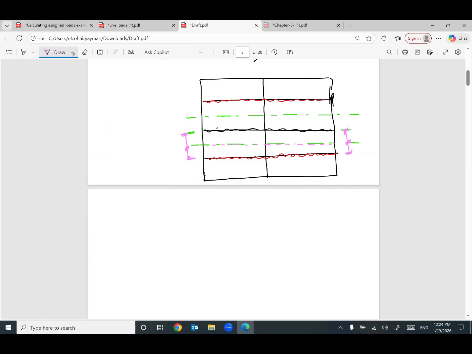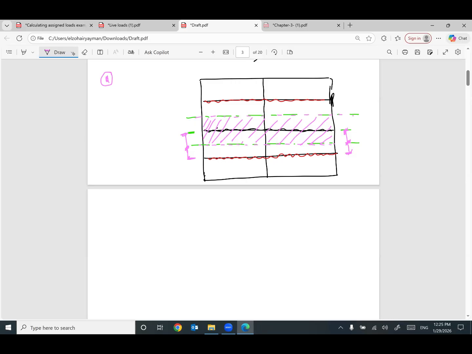This is the meaning of center line between the beam and the next one from this side, between the beam and the next one from the other side. So from this center line to center line, we have this area of the floor assigned to the beam under consideration.